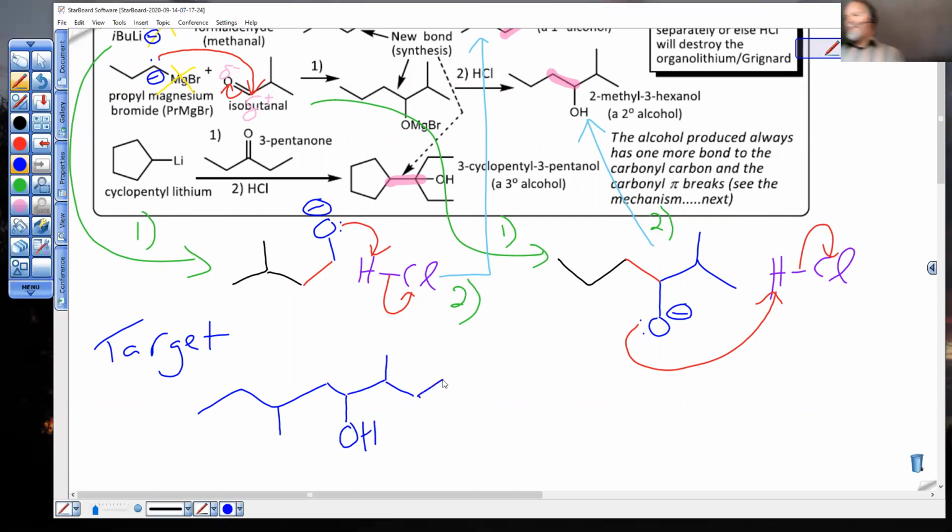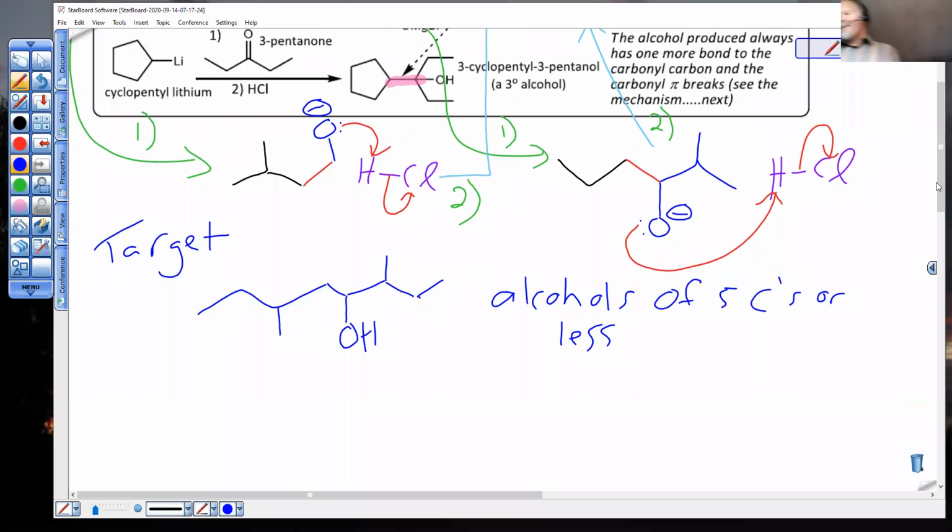And we want to do a synthesis that starts with alcohols of 5 Cs or less. So we got to break that molecule down because clearly it has more than 5 Cs.